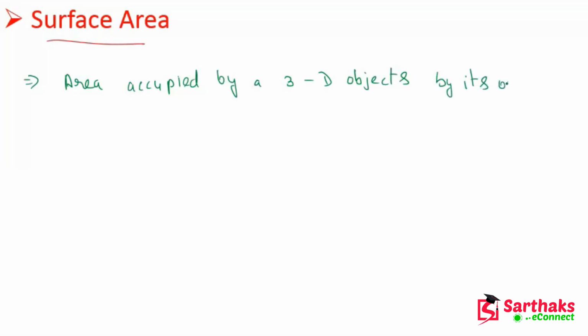So we can say that the area occupied by a three-dimensional object by its outer surface is called surface area.